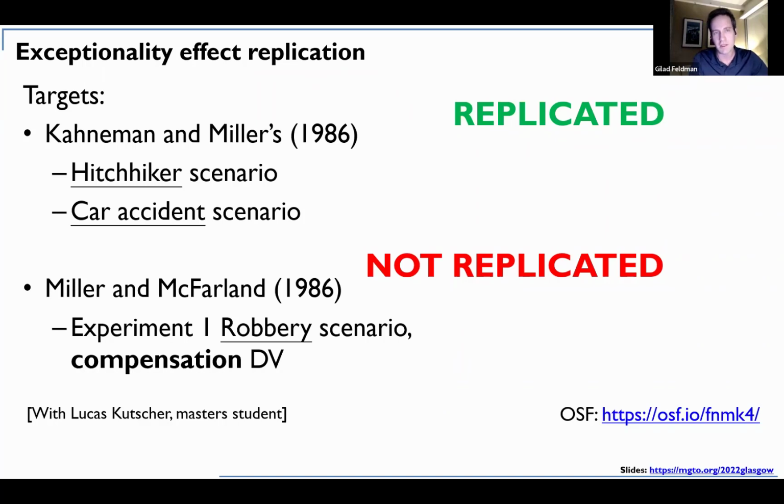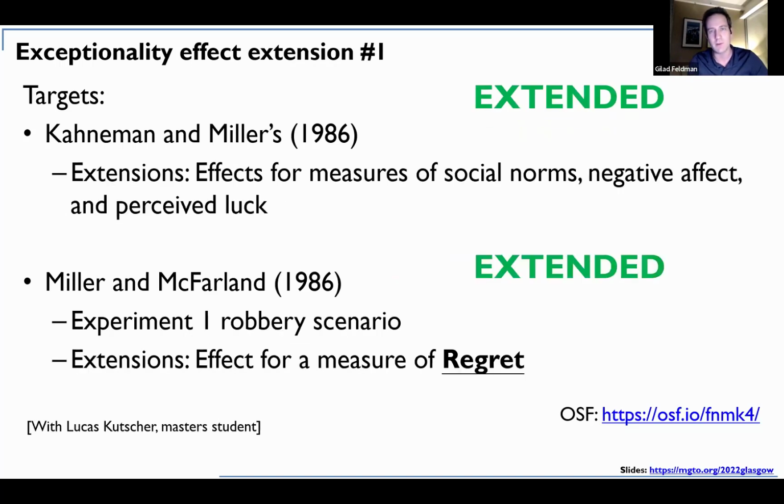And I think generally, if you would try and submit this kind of thing to a journal, supposing that they care about replications, they would assume that something went wrong. But what was nice is that what Lucas actually added, the additional measure of regret, did actually replicate. So we were able to show that actually the original using the compensation DV didn't work very well, but our extension worked, and therefore we have additional insights.